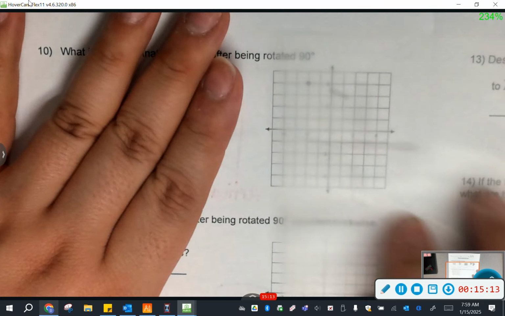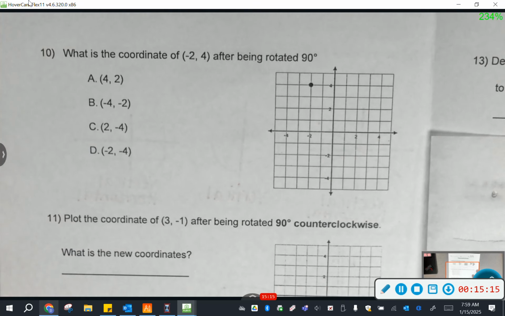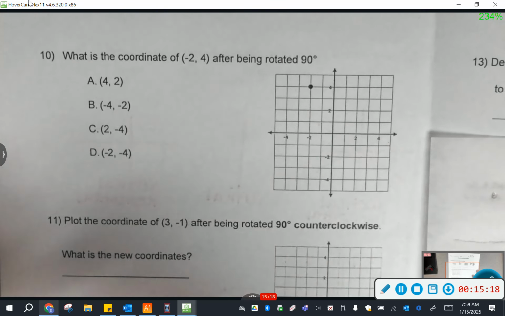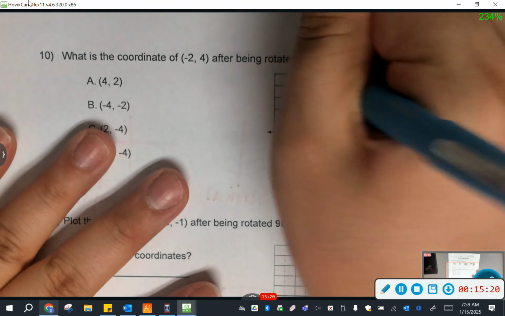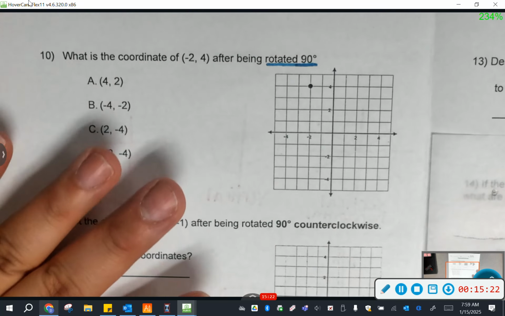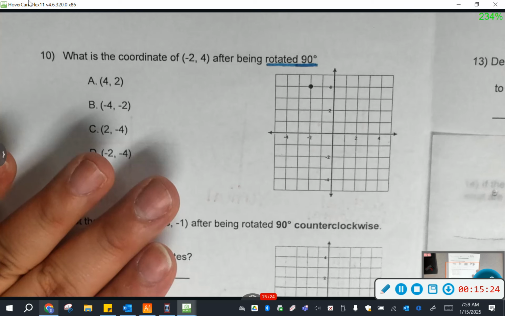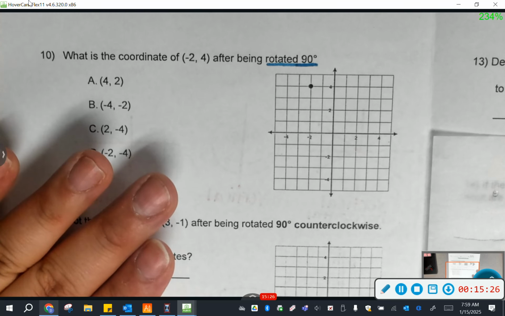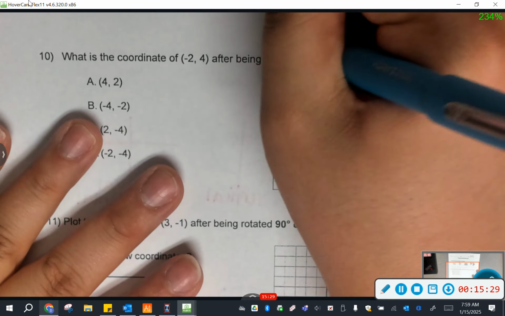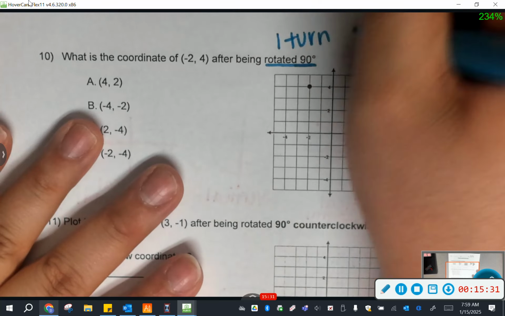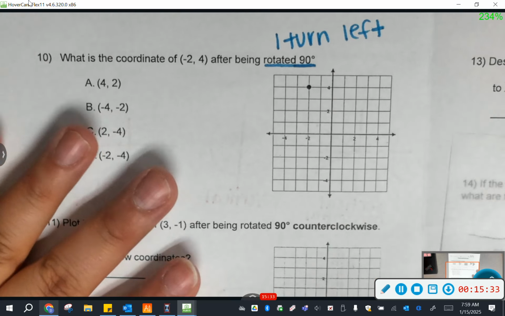My people that were absent last Friday and Monday, the big thing I need you to know: what is rotating 90 degrees doing? How many turns? 90 degrees is one turn and we go left.